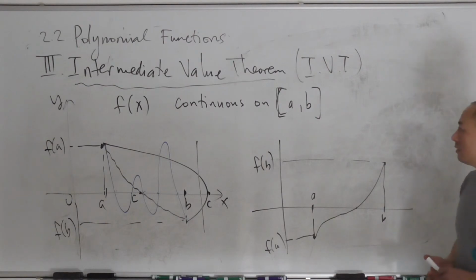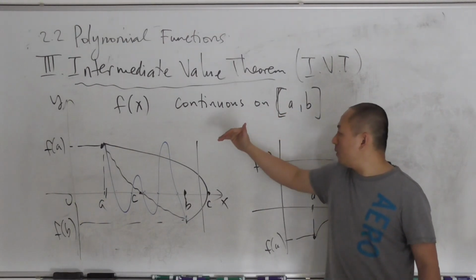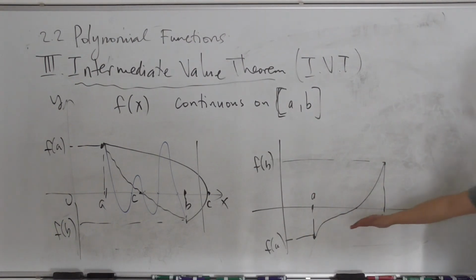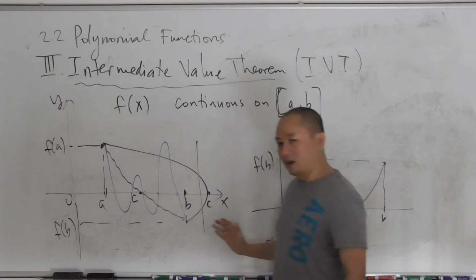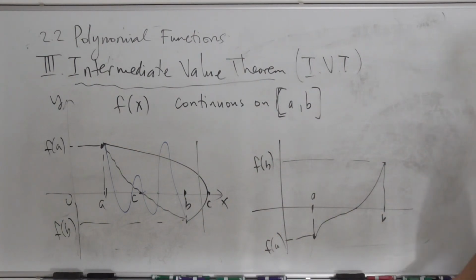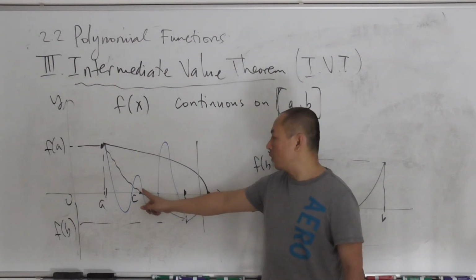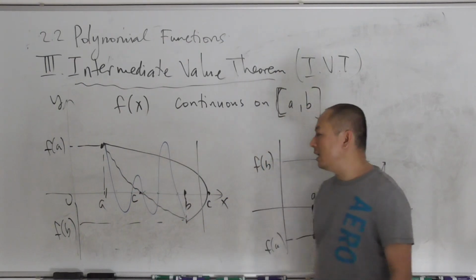So in general, you have a continuous function on the interval, and if the first point and the second point are on opposite sides of the x-axis, one point is below, one point is above, or above and below, then the theorem says that for sure you will have at least one x-intercept somewhere between A and B. And according to what we learned before, the x-intercept is equivalent to what? The zeros of the polynomial, and you can find the linear factor as well.